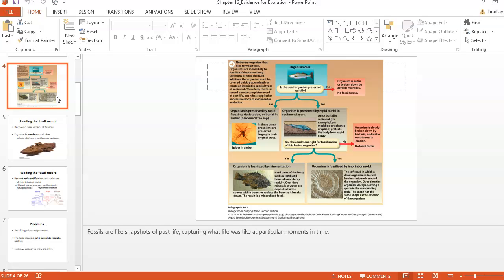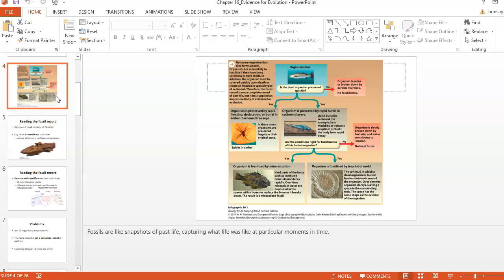So there is an infographic in your book that I kind of like. Basically, to be turned into a fossil, conditions have to be nearly perfect. You're going to have some type of hardness to your body. So we have bones, we have teeth, things like that. So we would probably fossilize pretty well.